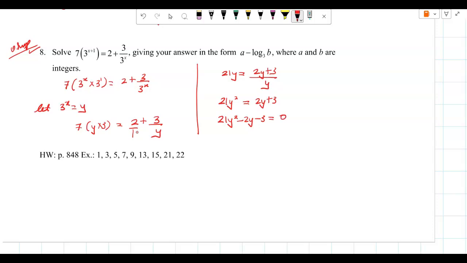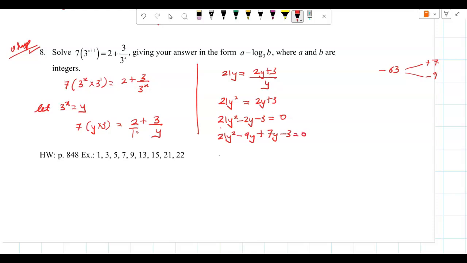Now, you take a times c, that's minus 63. Factorize it. 7 9s are 63. So 21y squared minus 9y plus 7y minus 3.